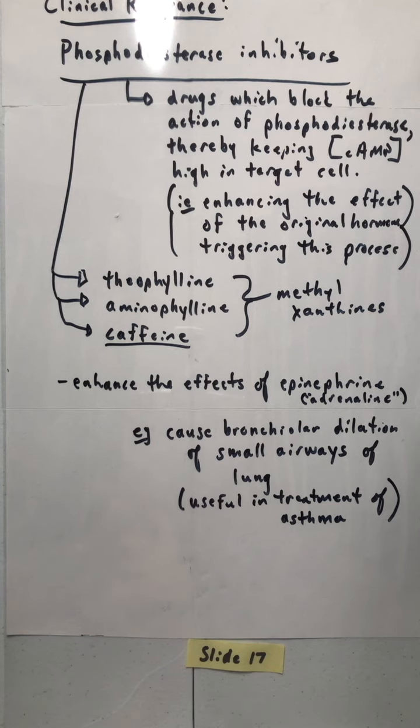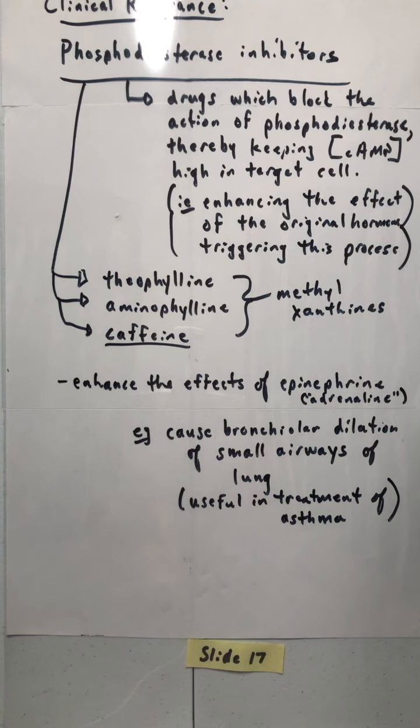In fact, in the last 20 years, drugs that have come onto the market to treat erectile dysfunction, drugs like Viagra, which is sildenafil, and Cialis, which is tadalafil, these are actually drugs that work by blocking phosphodiesterase type 5 in erectile tissue.